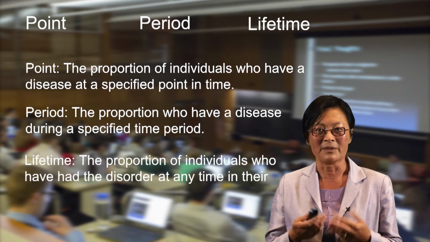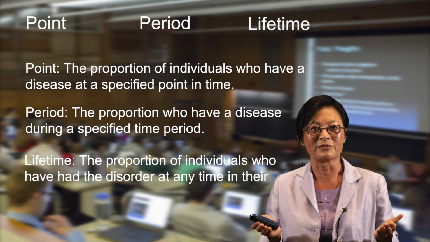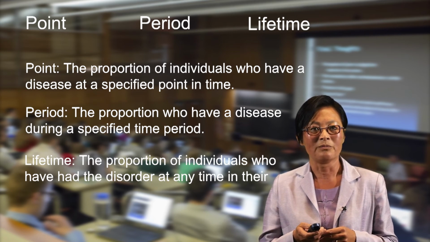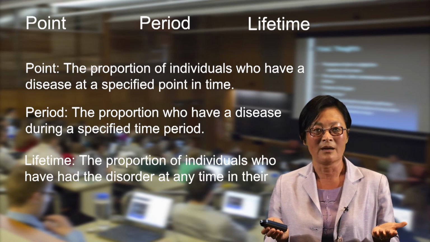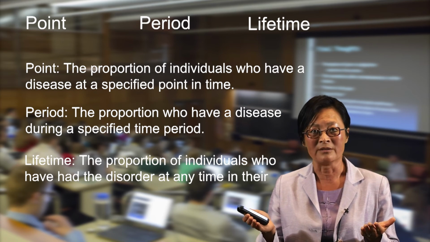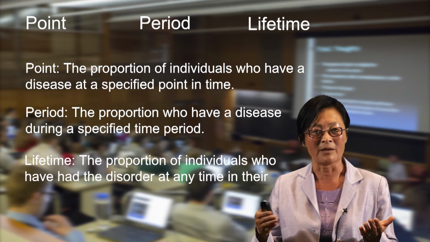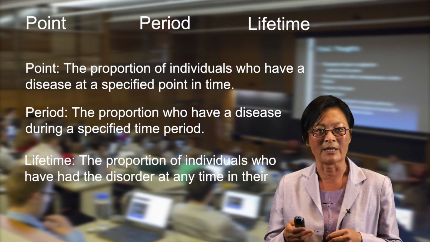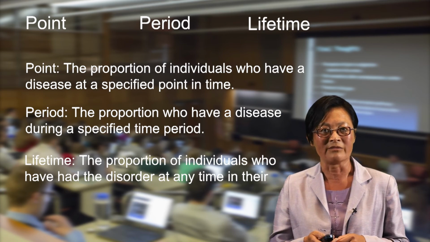Lifetime prevalence is any time during their life. If you were diagnosed with alcohol disorder at one time and are now in remission, that person still counts as a case. So that's lifetime prevalence.